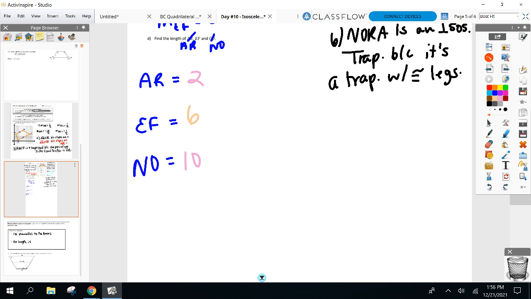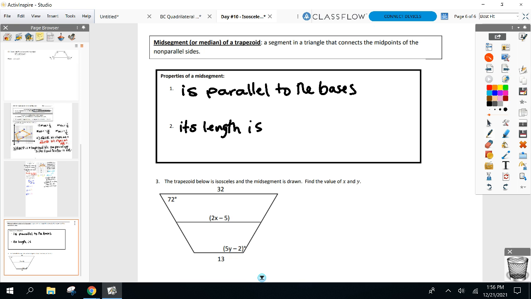The midsegment length. The length is half the sum of the bases. So it's parallel to the bases and half the sum of the bases.